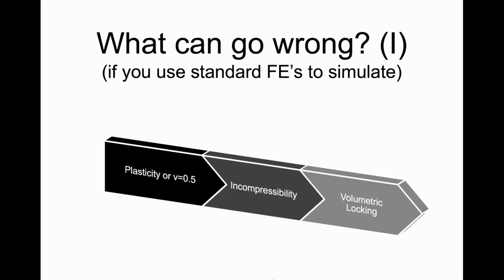So let's start to see what can go wrong when you use finite elements. The first one is the incompressibility issue that can happen in two different situations. The first one is when we deal with an incompressible material. Incompressibility in the linear elastic regime is given by a Poisson coefficient equal to 0.5.